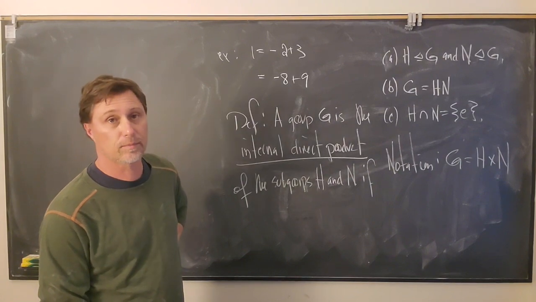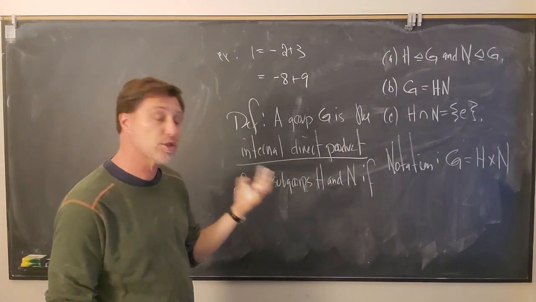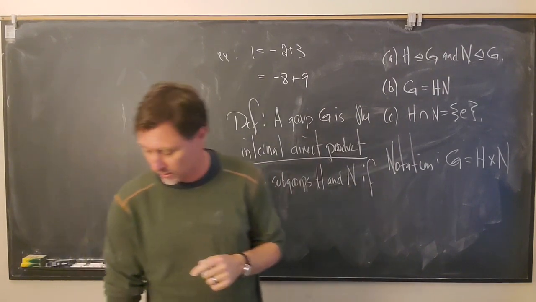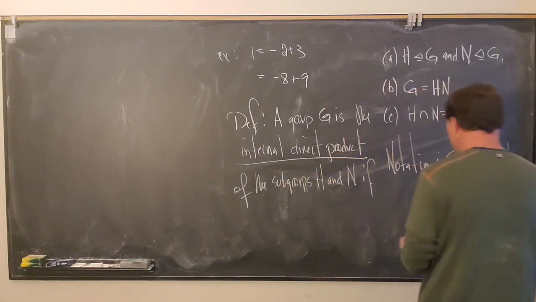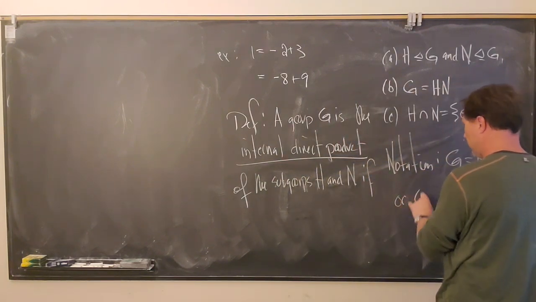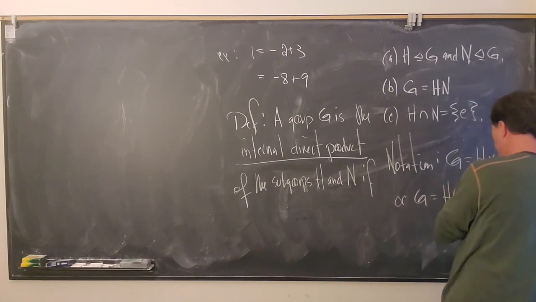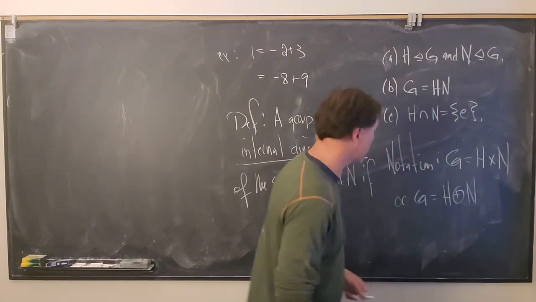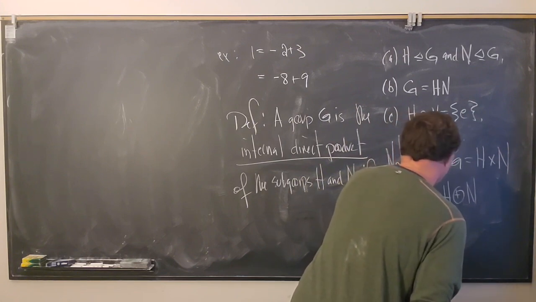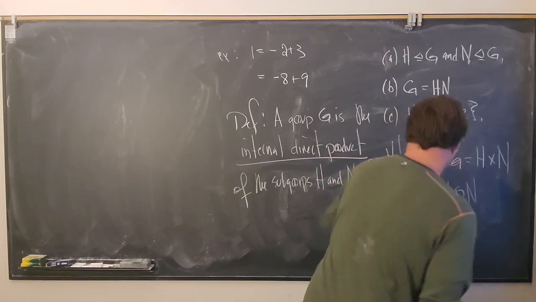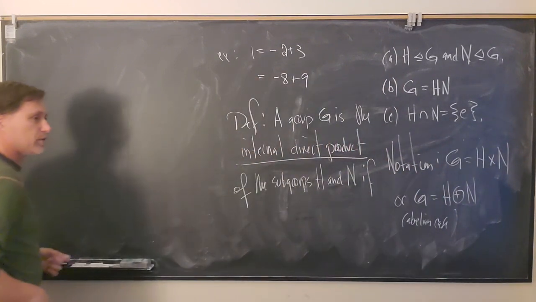Here's the reason why this notation is used in both the internal and external direct product settings. Oh, and I should say, in the abelian case, it's usually written G equals H circle plus N. So here's the idea, a quick sketch of why the same notation is used.